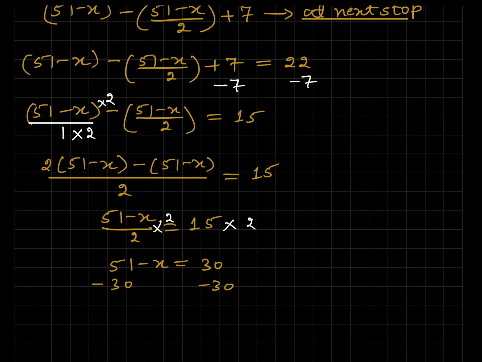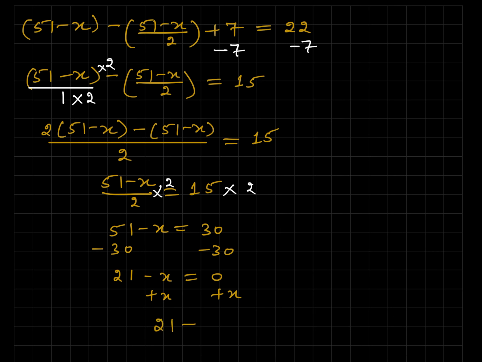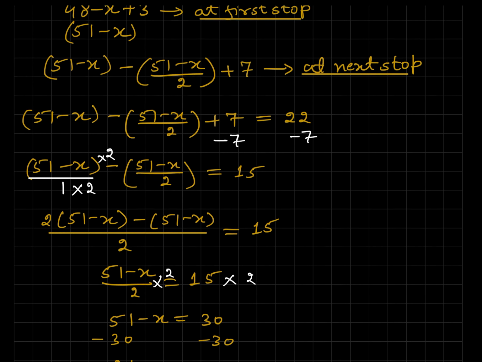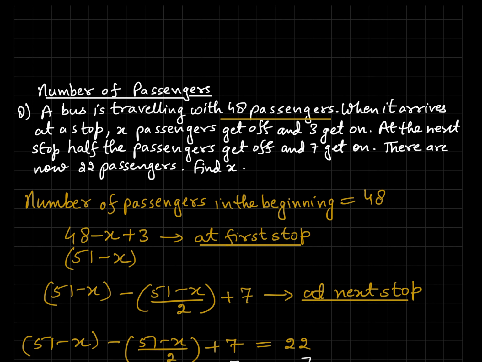So we are left with what? 5 minus 3 is 2, and 1, so 21 minus x equal to 0. Do plus x on both the sides, and you will get 21 is equal to x. So it means 21 passengers got off at the first stop.